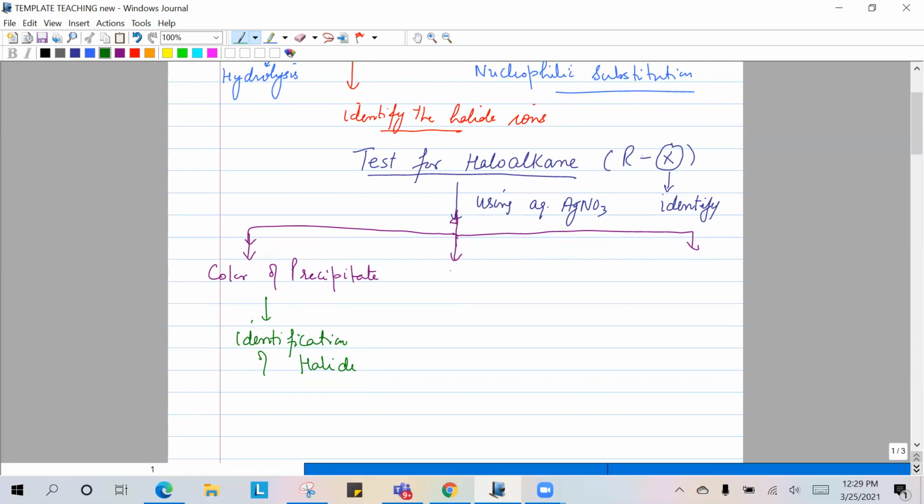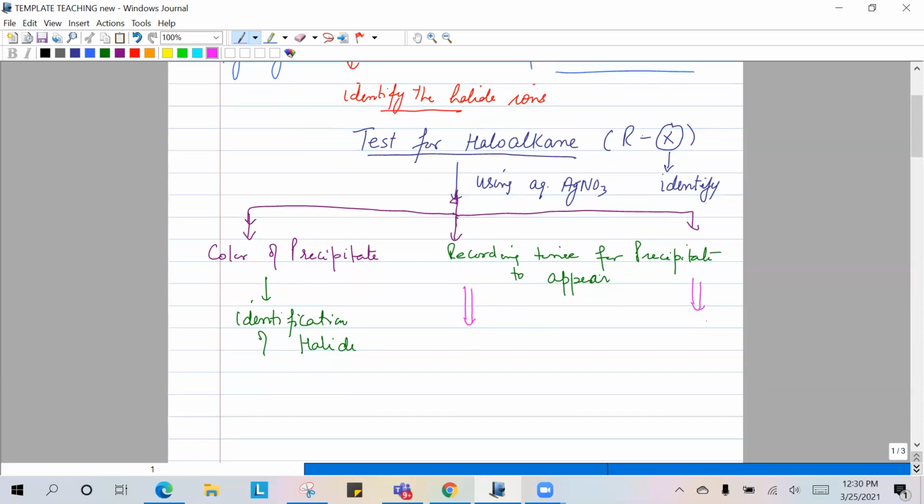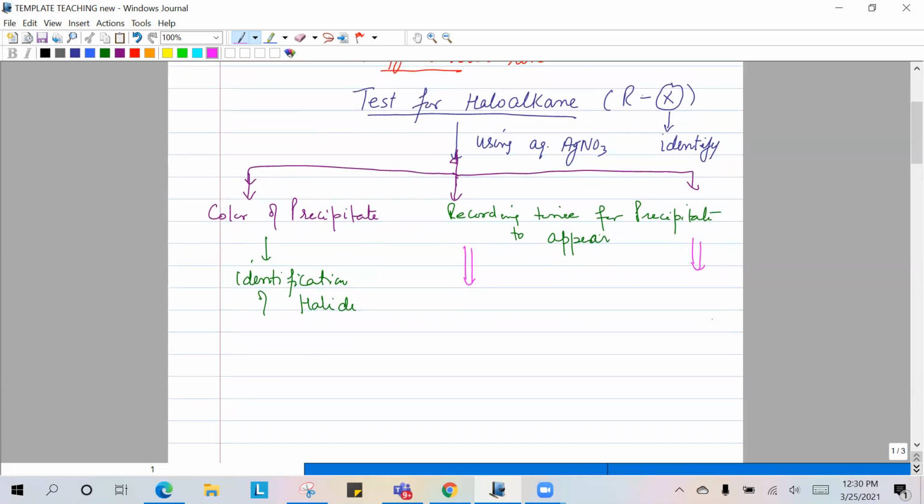The other thing is, if you are recording the time for the precipitate to appear, then you can get two pieces of information depending on the type of haloalkane you are using or what our objective is.